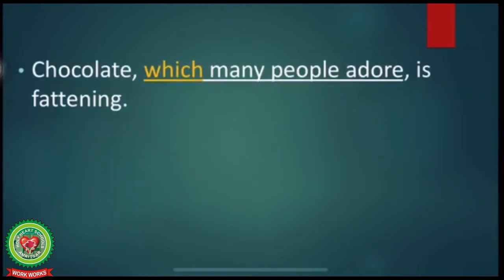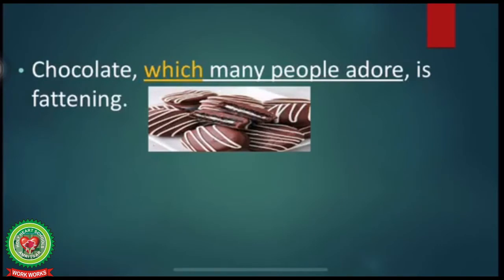Now, for example, chocolate, which many people adore, is fattening. In this sentence, which is a relative pronoun that is acting as a conjunction, and which many people adore also gives information about the noun chocolate. So, which many people adore is an adjective clause.